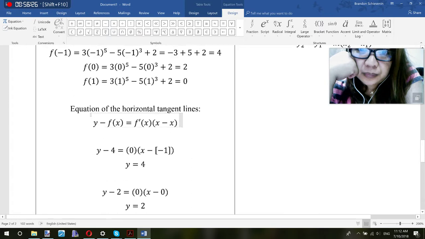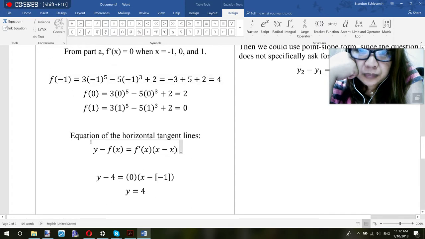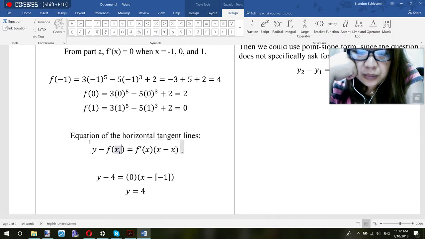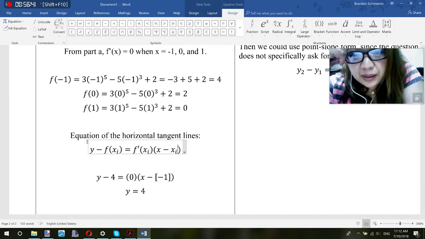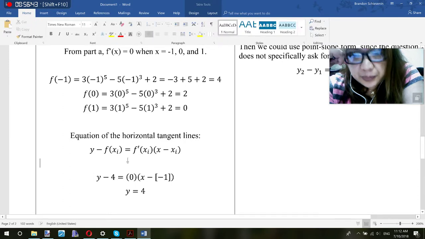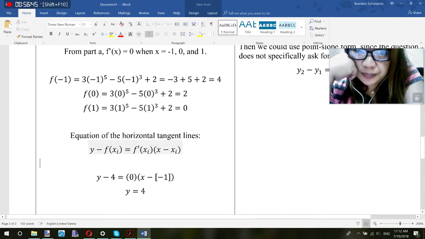Is there a better way to do this? Just to show what I'm actually plugging in, I'm going to subhead these. So there we go. This x sub i is what I'm actually plugging in.